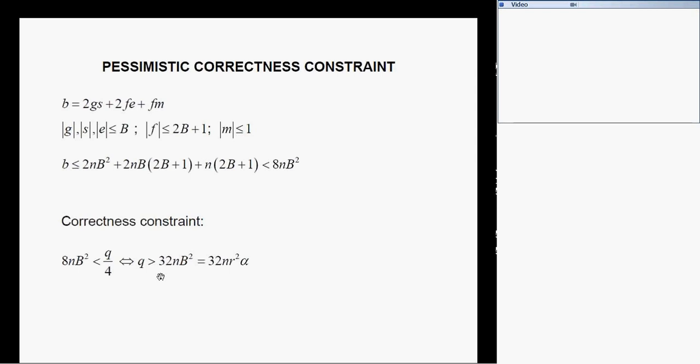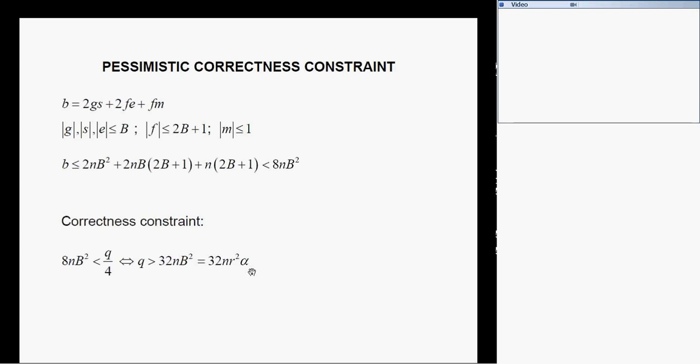This traces to the correctness inequality: q is larger than 32 n B squared. Again, remember that B is the parameter; we can always write it down as alpha. So we derived our correctness constraint.